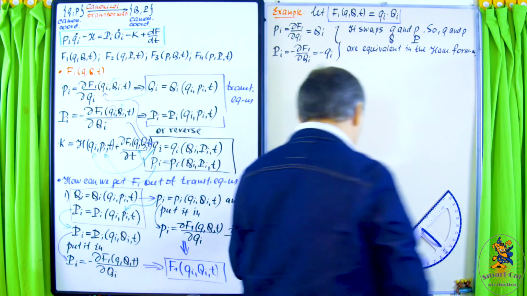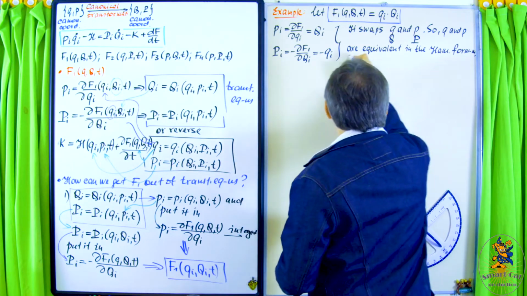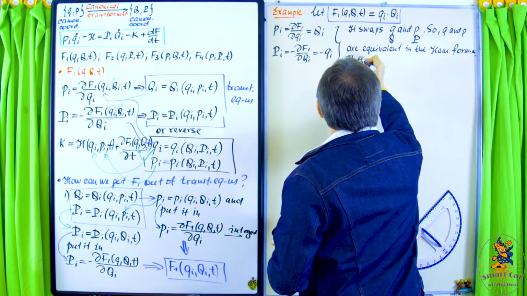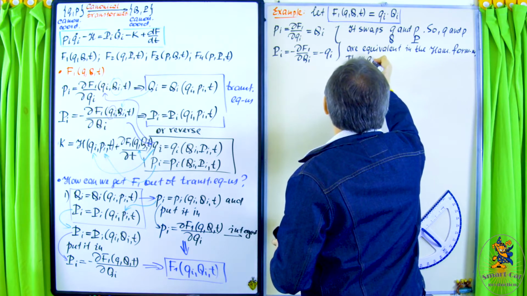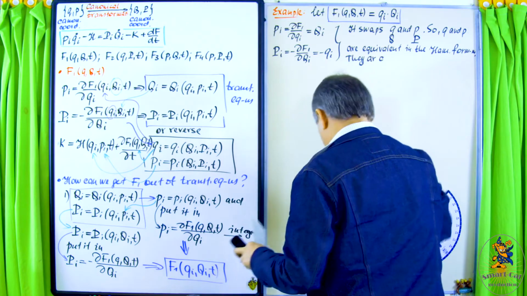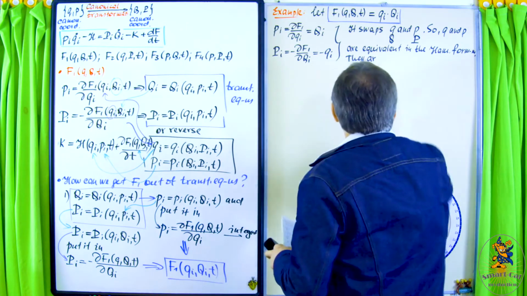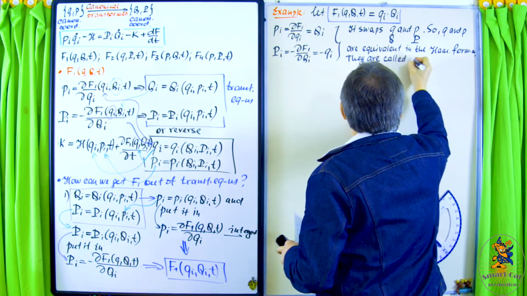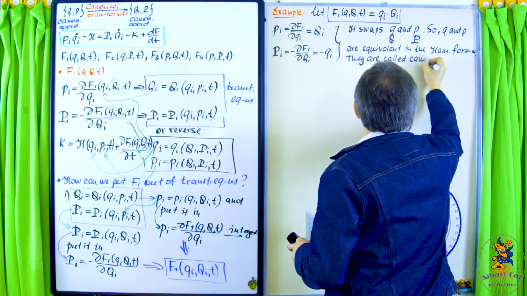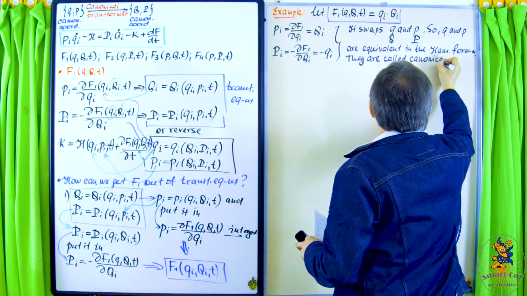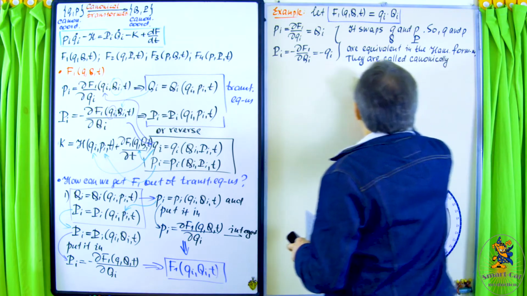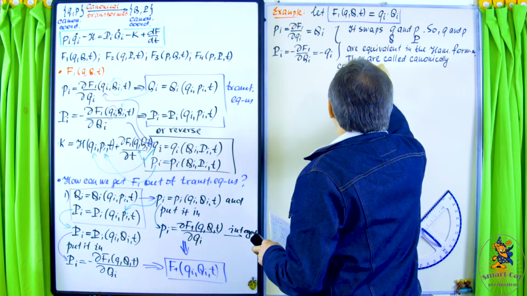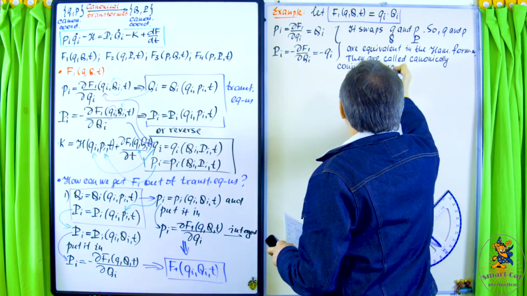And they are called canonically conjugate quantities.